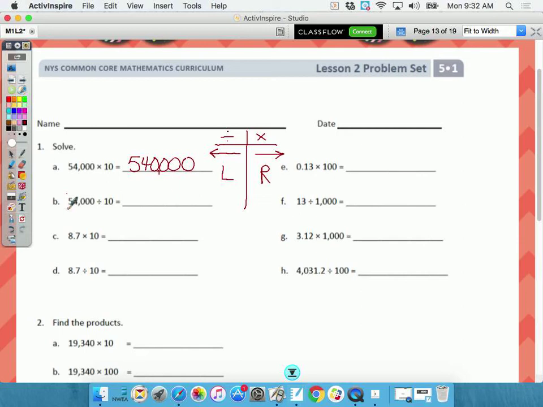But when I divide, I have to have a 0 on both numbers, don't I? Or I can't use the 0 trick. How many zeros will I cross off on 54,000? 1. Because there's 1 zero and 10. So write 5400, then put your comma in. What's the answer to that problem? 5,400. Now it's going to get a little more interesting.